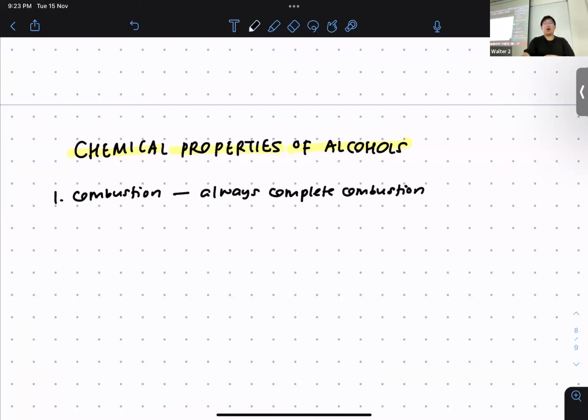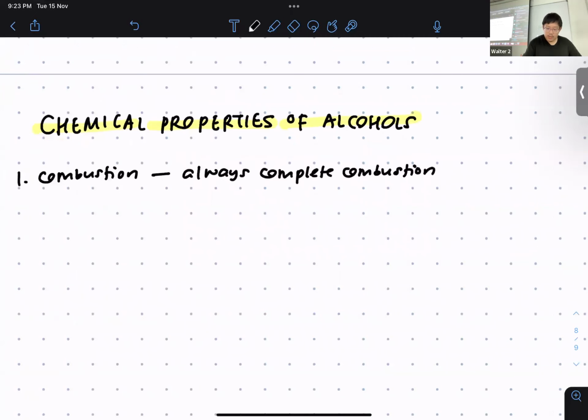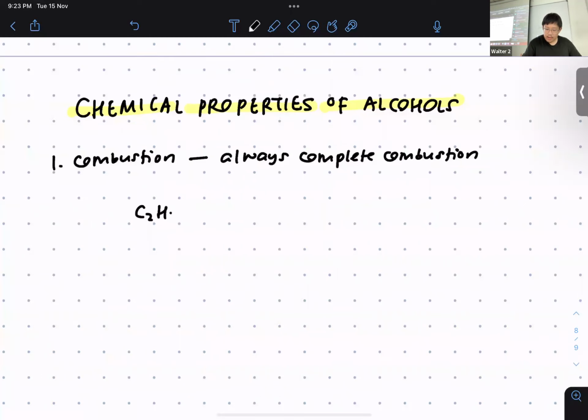Which means no carbon monoxide, no carbon deposit, no soot. Combustion of alcohol will not produce any form of soot. So for example, we're going to use ethanol reacting with oxygen in the air, and the combustion process only produces carbon dioxide and water.